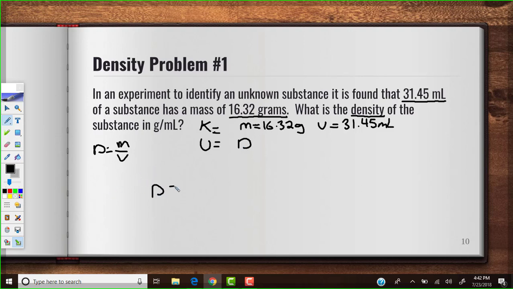So D is equal to 16.32 grams divided by 31.45 milliliters. And now we just do our math.